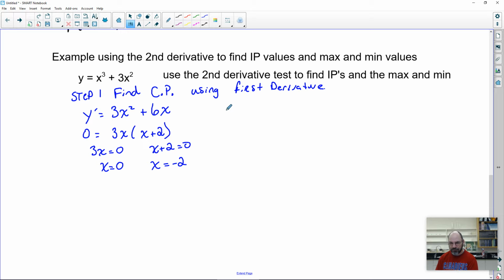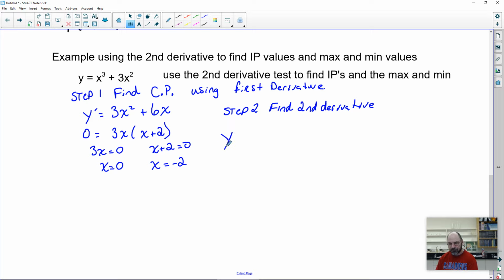So step 2 is to find the second derivative, and then we're going to set it to 0 to find an IP. Take the same equation we had for the derivative and we derive that.